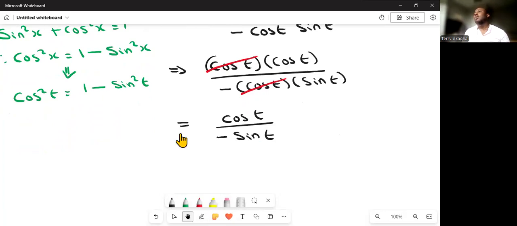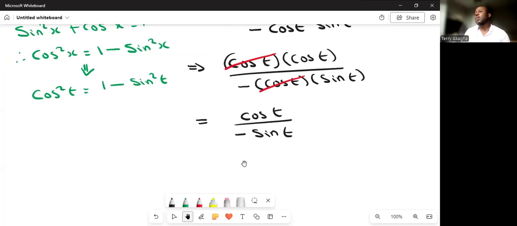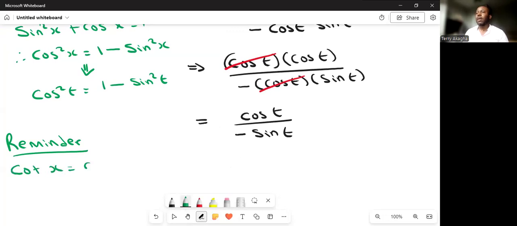Now, another reminder that I talked about was that cot x is equal to cos x divided by sine x, okay? I also said it's the same thing as 1 over tan x. If you remember, I said the same thing as 1 over what? Tan x.